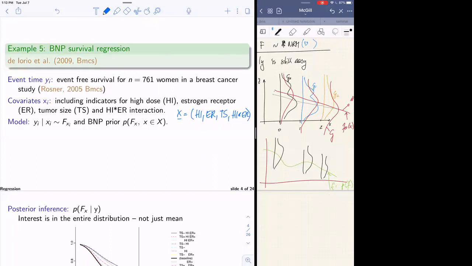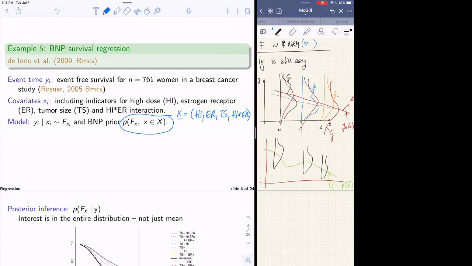Carrying out non-parametric regression in this case will require we put a prior probability model on f sub x, where x can be any combination of these four covariates that we have there. And in a moment, I'll talk you through a very cheap trick of achieving that.